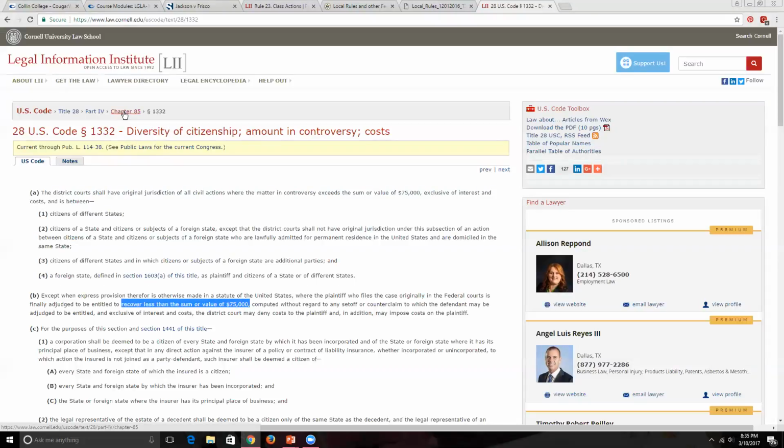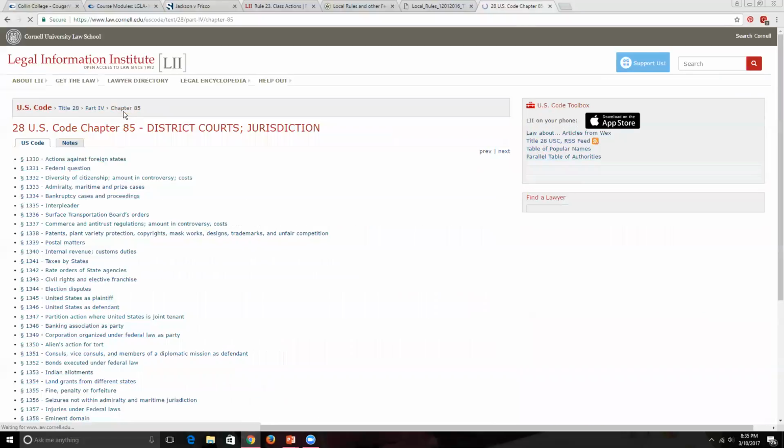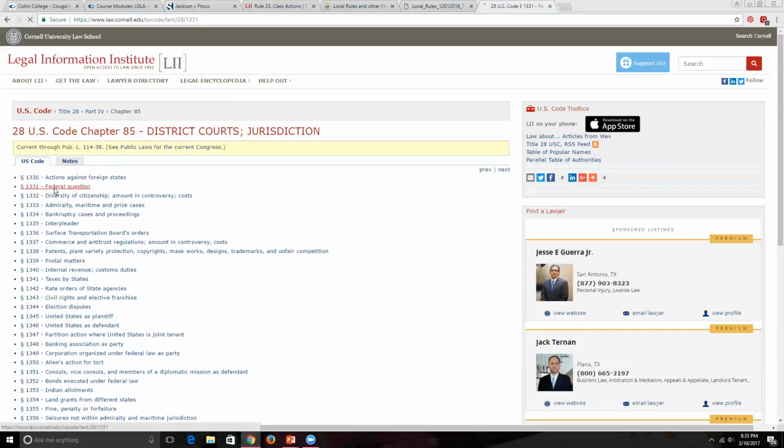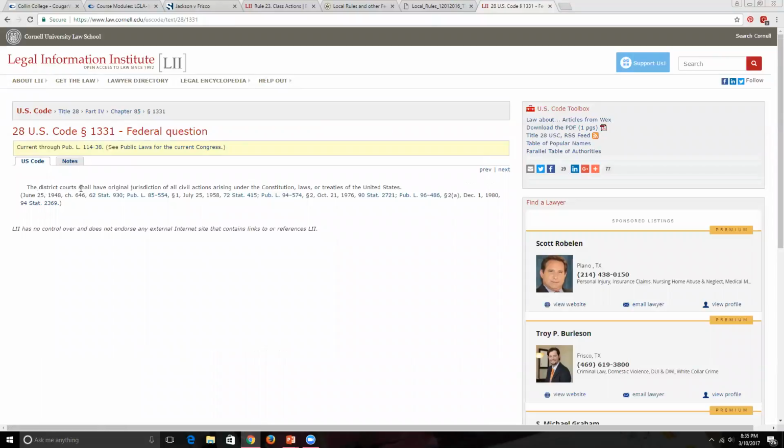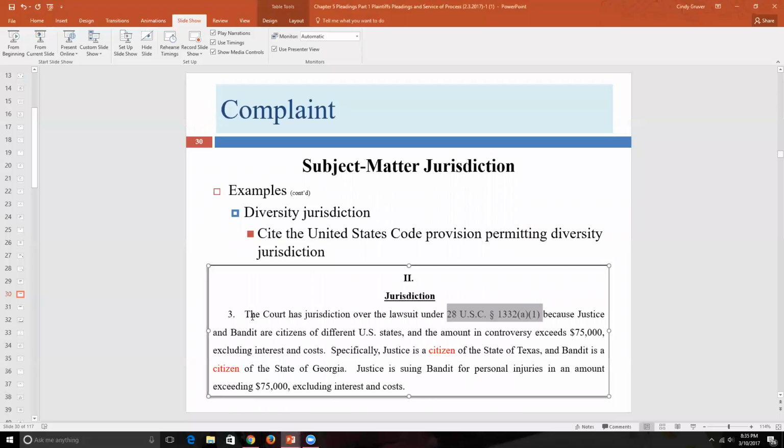Let's look at the federal question jurisdiction, which is this one, federal question. And here, the district court shall have original jurisdiction of all civil actions arising under the Constitution, laws, or treaties of the United States. So this is the basis for Mr. Jackson's lawsuit being in federal court. So let's go back here.